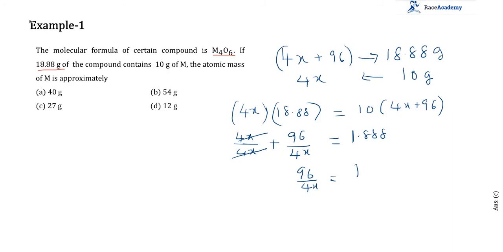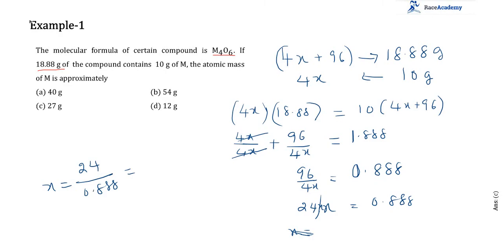So 96 by 4x is equal to 0.88 only. Then 96 by 4 is nothing but 24, so 24 by x is equal to 0.88. After that, if you want to find x, x is equal to 24 by 0.88.